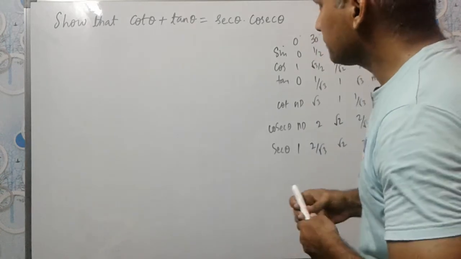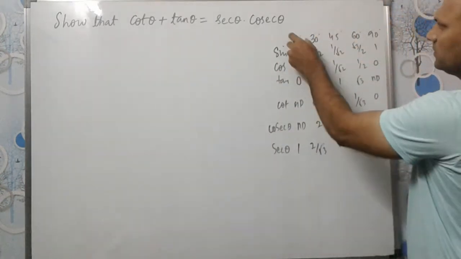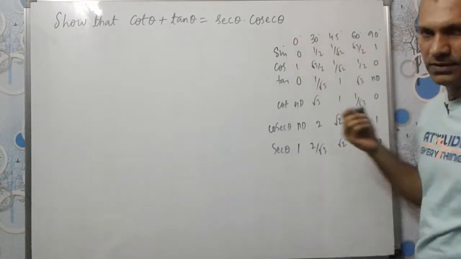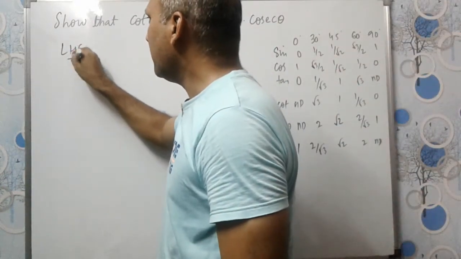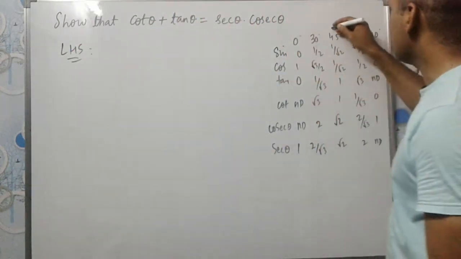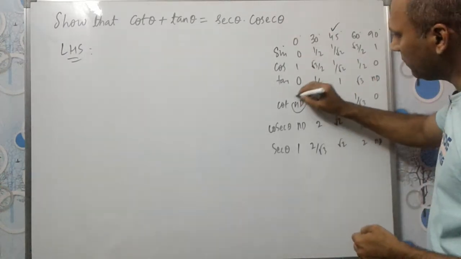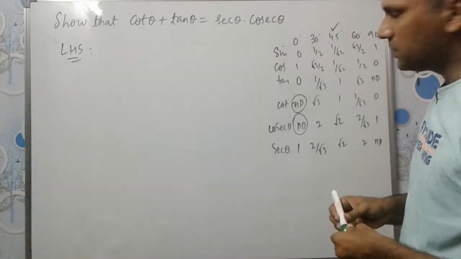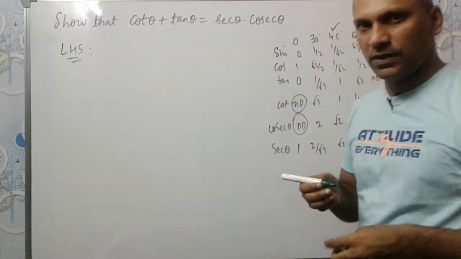Now see here. We can consider theta as any angle: 0 degrees, 30, 45, 60 or 90 degrees. It is up to us. But my advice is take theta equal to 45 degrees, because at 0 degrees we have not defined values and zeros, so if we get 0 or not defined in the denominator, it will be difficult for us.